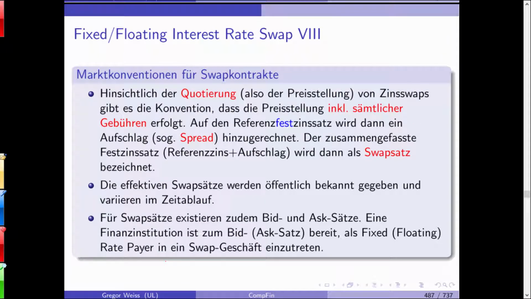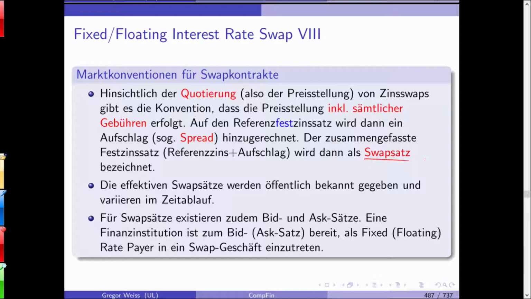This is the swap rate, in German Swapsatz. It includes the reference interest rate and a swap spread. And these swap rates are published by banks, for example. You can observe those swap rates on the market.